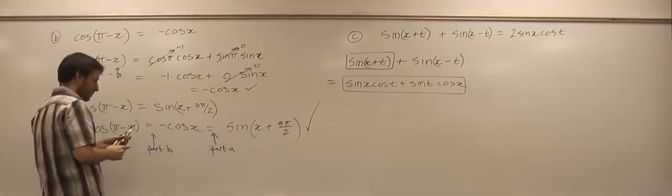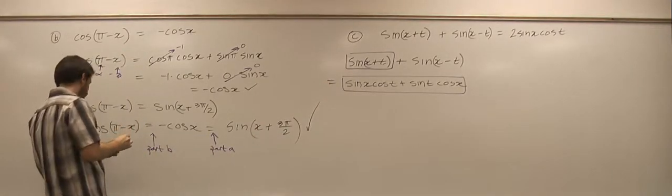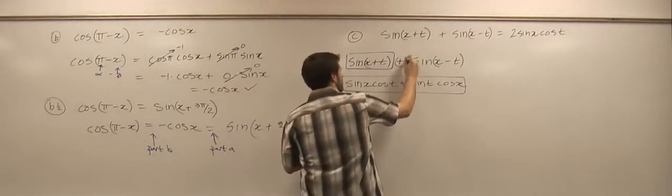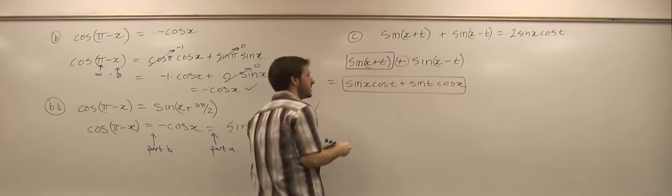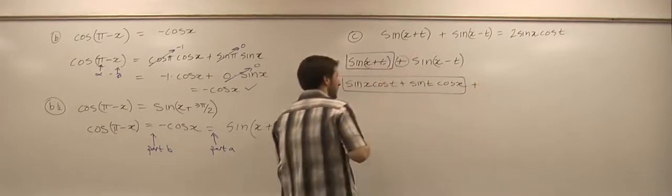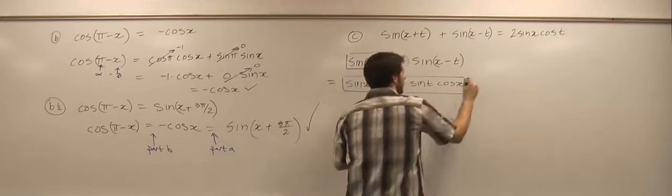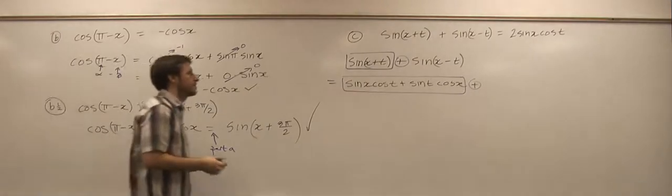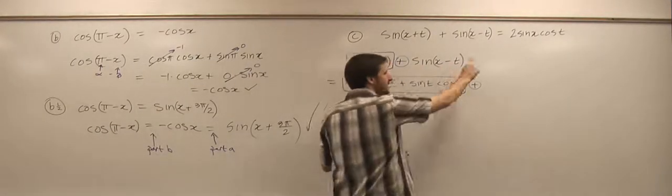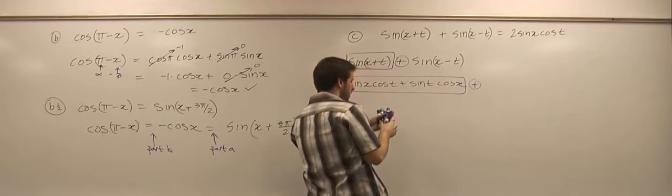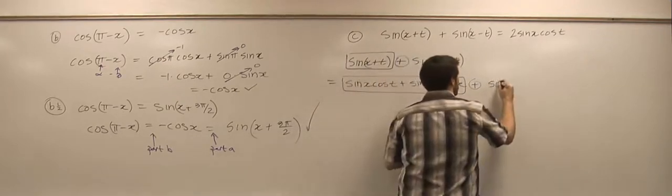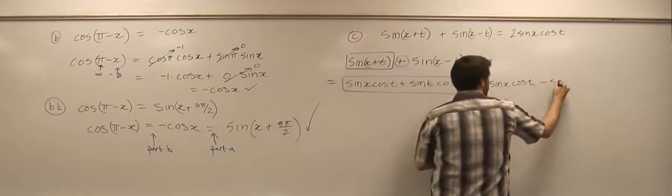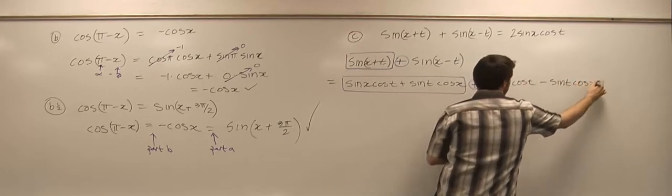I'm going to cancel things. Then I have plus, so I recopy my plus. Then I use my formula for sine of alpha minus beta. So sine(x minus t) will be sine x cos t, but since it's a minus, you put minus sine t cos x.